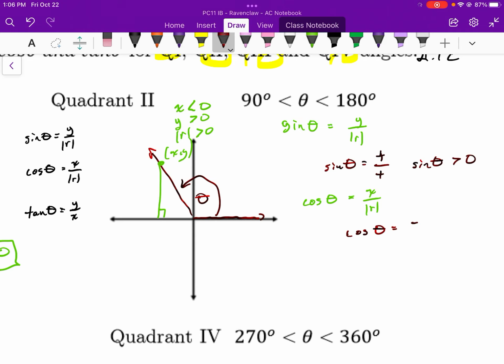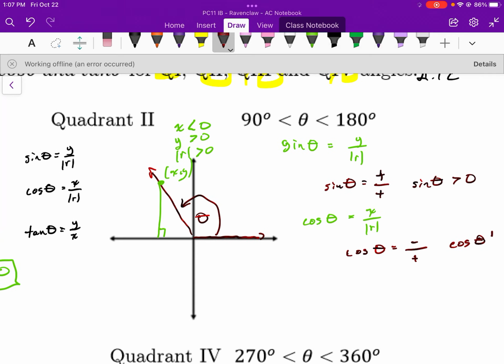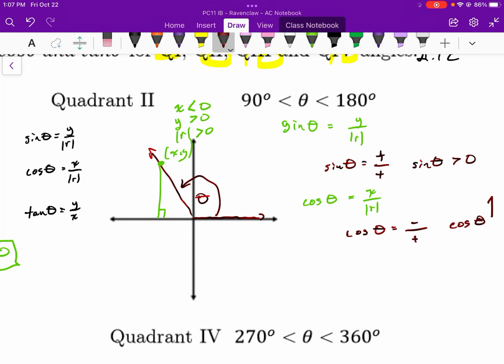Well, my x-coordinate in quadrant number 2 is always going to be negative, and my radius vector r is positive. So a negative divided by a positive is going to be a negative. So we can conclude that all angles in quadrant number 2 have a negative cosine value. So cosine is negative.